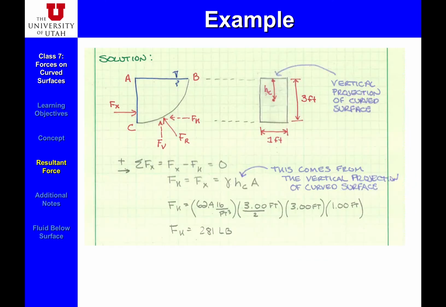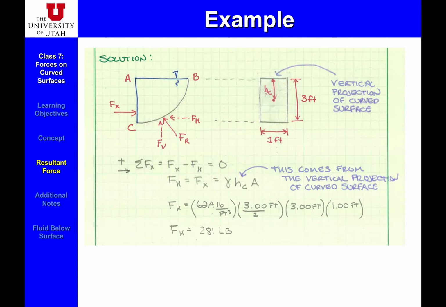All right, so looking at our solution, the first step we need to take is to draw a free body diagram. So we're going to isolate our section ABC because that's what we need to look at. We need to look at the curved surface from B to C. And what I've done is I've put the forces that are acting on this curved surface.